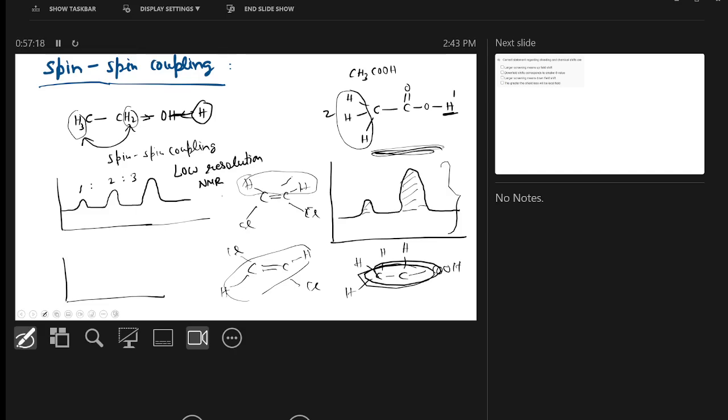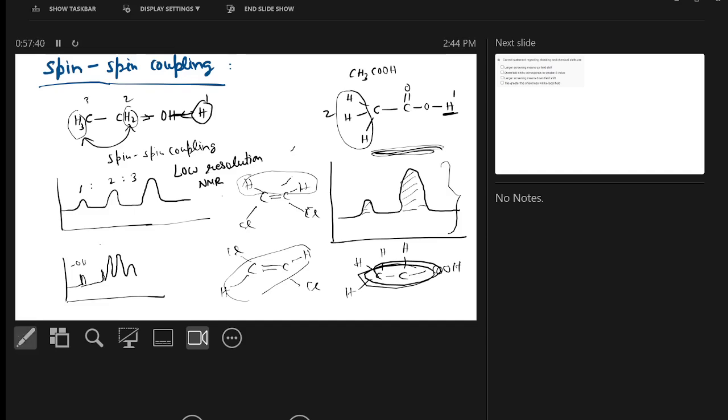I will draw a line. So let's say this is for this OH. Here you get something, 1. Small, I will draw. Second, third, fourth. This is for here OH. So I will label it. I will say 1, 2, 3.